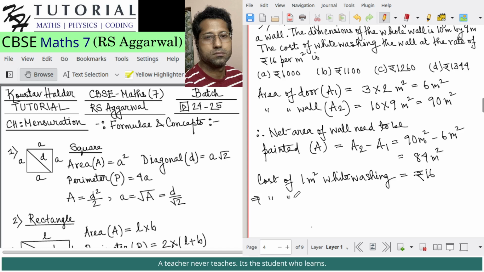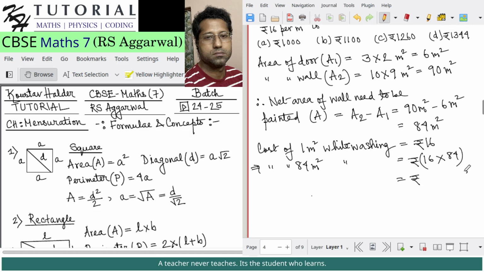So the net area is 84. The cost of 84 meter squared whitewashing will be, applying the unitary method, rupees 16 multiplied by 84. How much is 16 multiplied by 84?